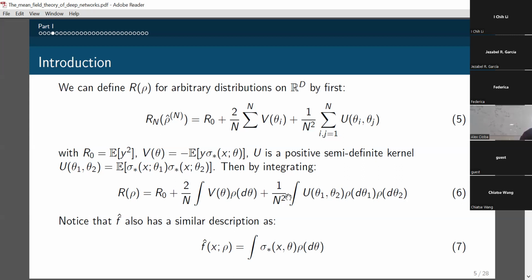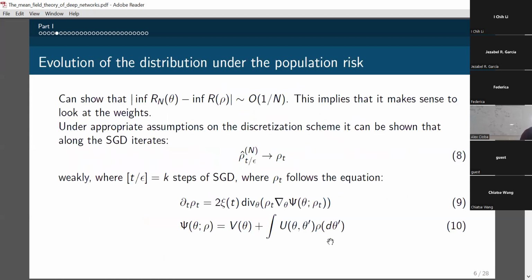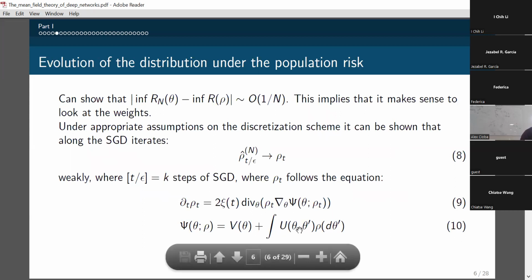So the only thing that we elucidated today is the fact that you are performing some sort of gradient descent in a particularly well-defined metric space on a functional such as this.